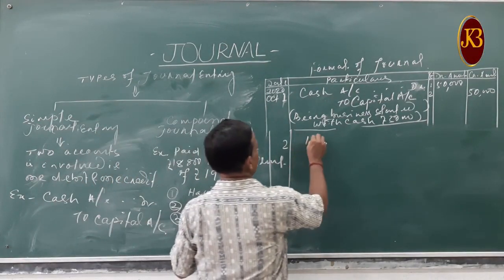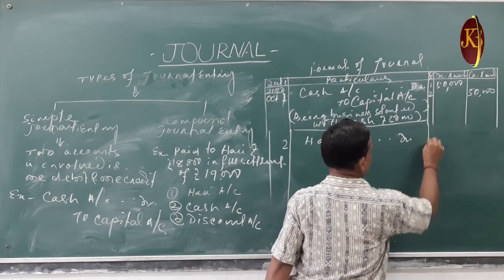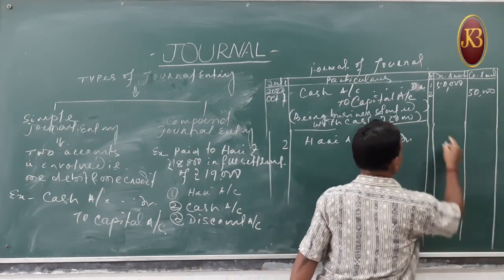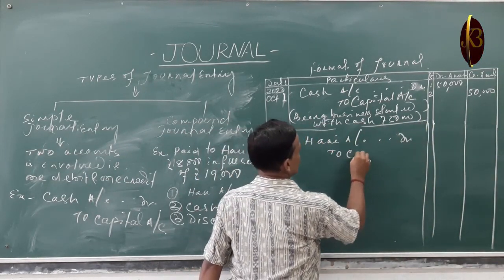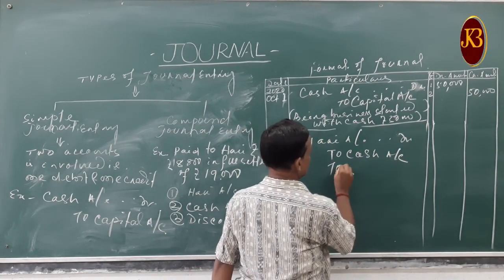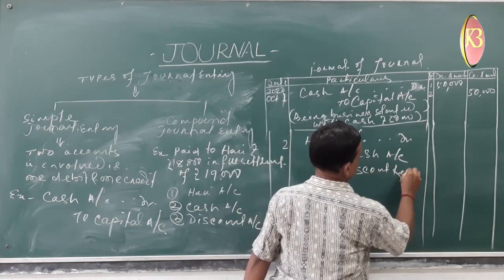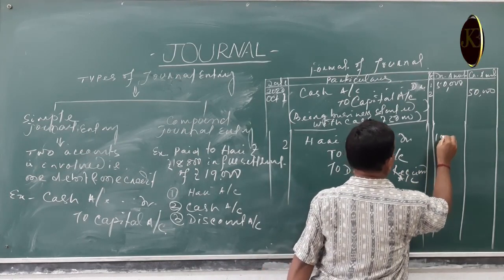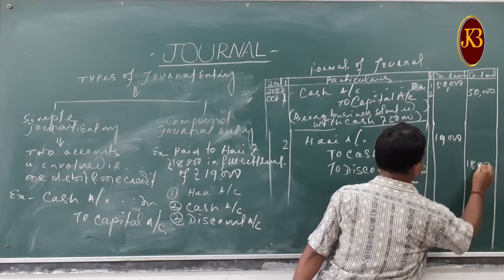So Hari account debited. Hari account debited to cash account, to discount received account. This is 19,000, 18,800.